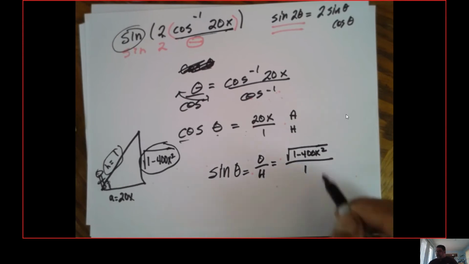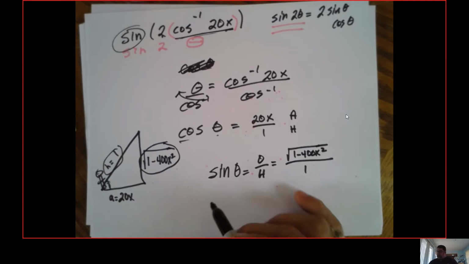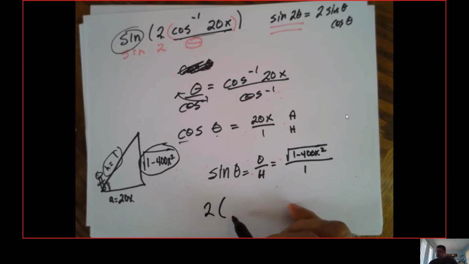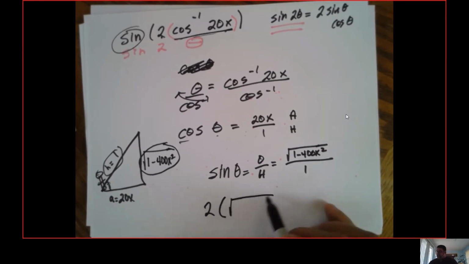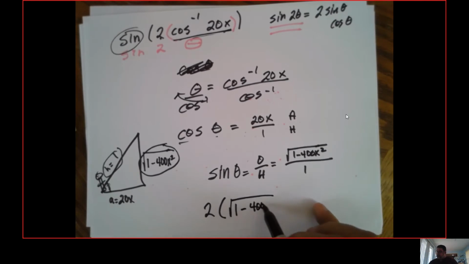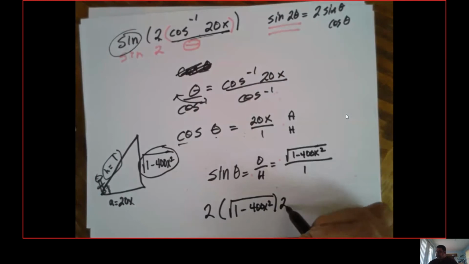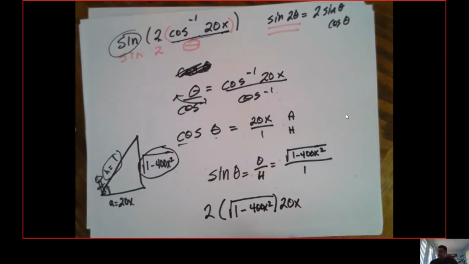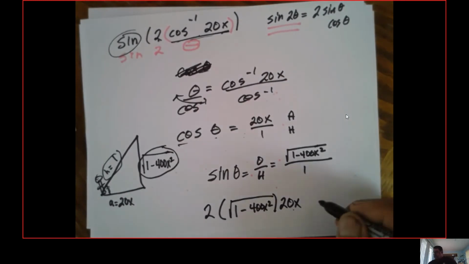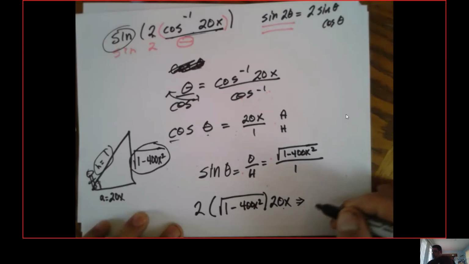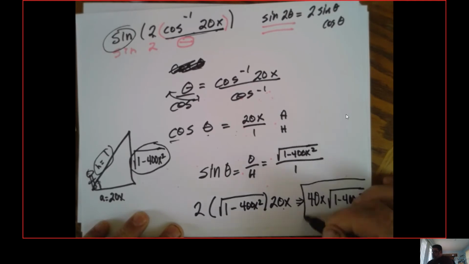So if I put everything together, I'll get the 2, and then the sine is the square root of 1 minus 400x squared times the cosine, which is 20x. And then 20x times 2 is 40x. So my final answer should be 40x square root of 1 minus 400x squared. That should be your answer.